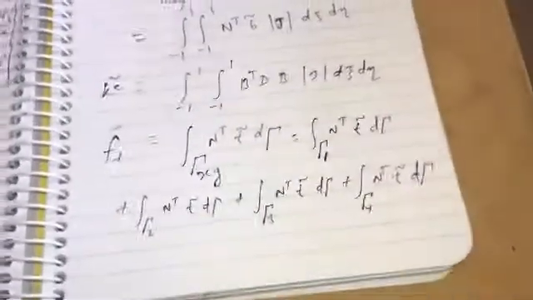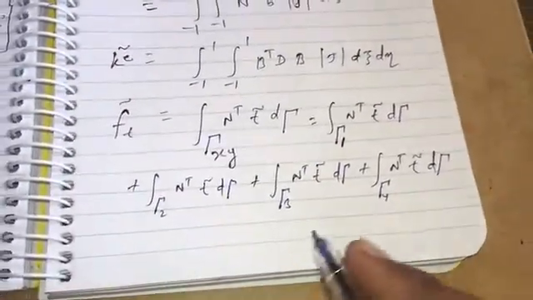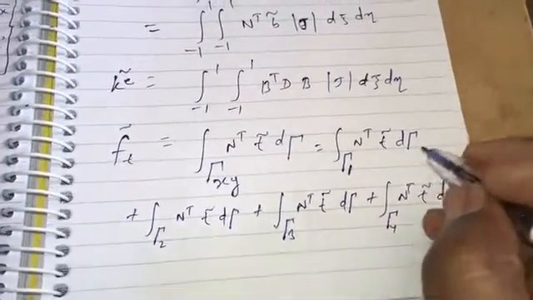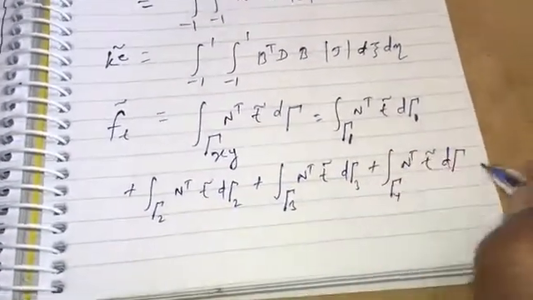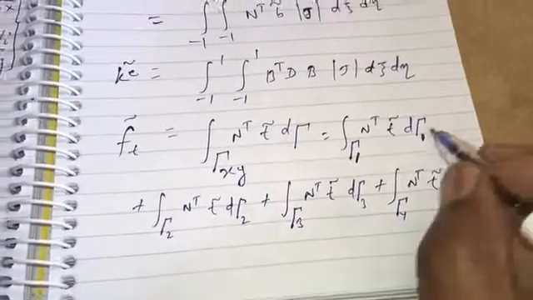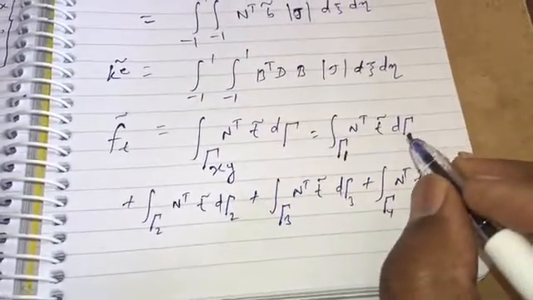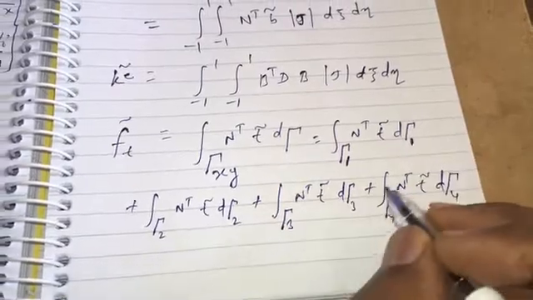Okay, so now let's write it d gamma 1, d gamma 2, d gamma 3 and d gamma 4, indicating the variation along the 4 boundaries, 4 sides basically.